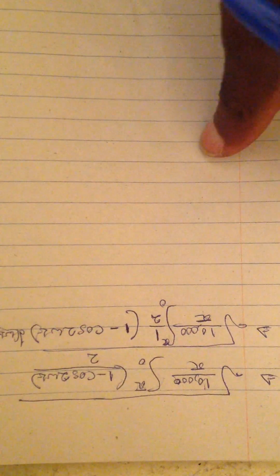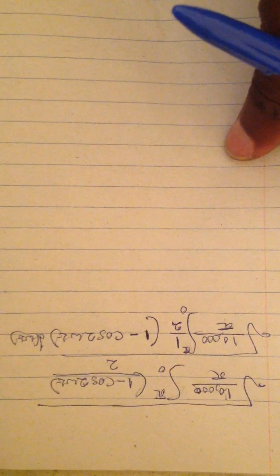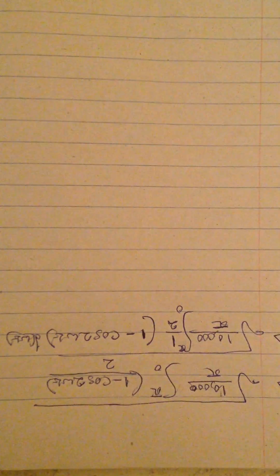When we factor out 1 over 2, we're going to remain with just 1 minus the cos 2 omega t d omega t. Okay, we have something like this. We are moving together.